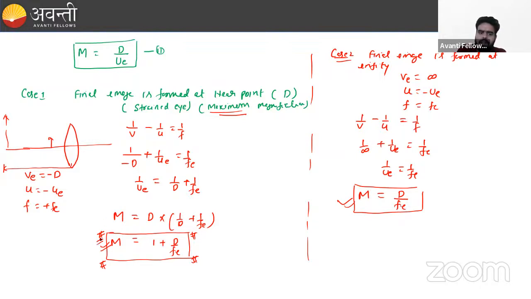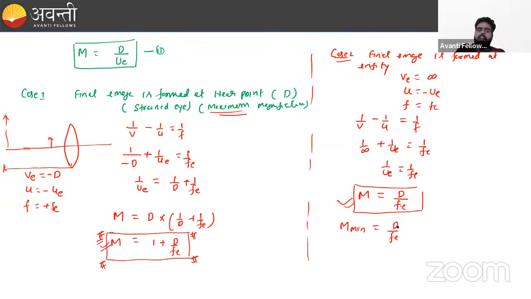And in this case, we also consider the extreme cases: when the final image is formed at infinity and when the final image is formed at the near point. Correct. So we can say this value is lesser than the value we obtained in the previous case. This is the minimum magnification.